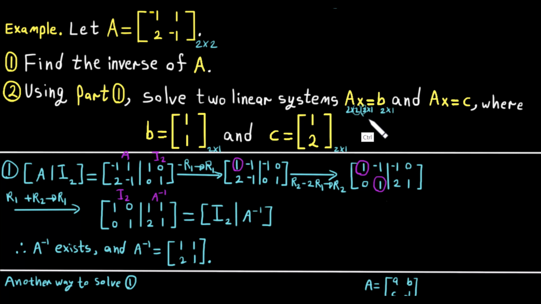So it's very important to understand this, but you can solve it without putting these things. So now we have to solve this AX equal B and here AX equal to C. First we will solve the system AX equal B, then we will solve the linear system AX equal C. Now let's go down to solve number 2.